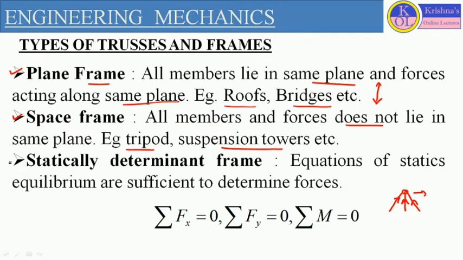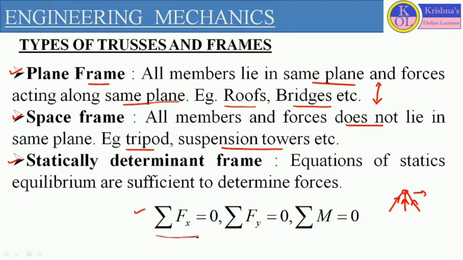Now, if we talk about another type of trusses and frames, it is called a statically determinate frame. A statically determinate frame is based on the conditions of equilibrium, or the equations of static equilibrium. Here there are three conditions of static equilibrium: summation of Fx equals 0, summation of Fy equals 0, and summation of M equals 0.